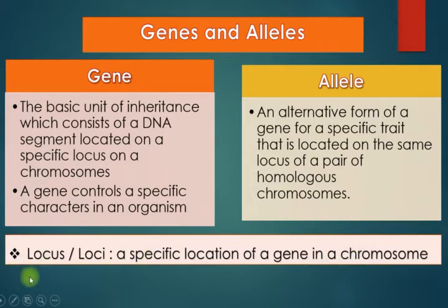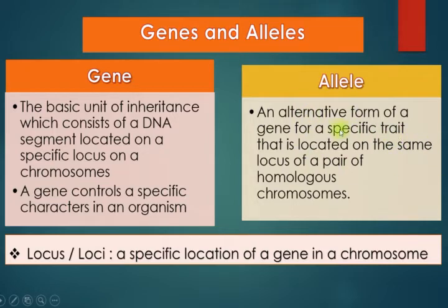I hope you can understand the meaning of the gene. A gene is a DNA segment located on a specific locus on a chromosome. What is an allele? An allele is an alternative form of a gene, for a specific trait.